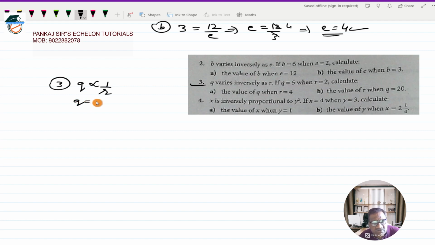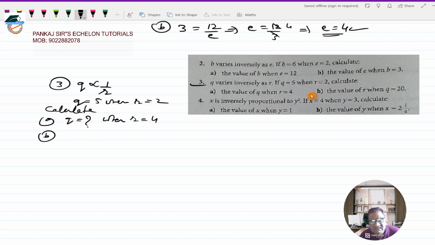That is also given. And then calculate: a, the value of q, that is q equal to question mark when r equal to 4. And b is find the value of r, so r equal to question mark when q is equal to 20.